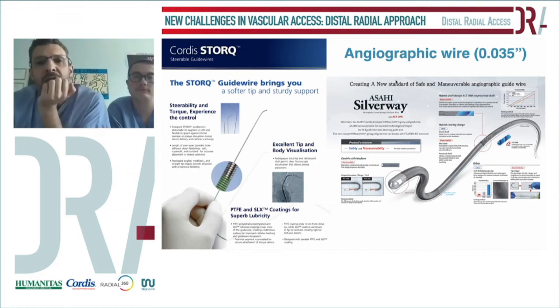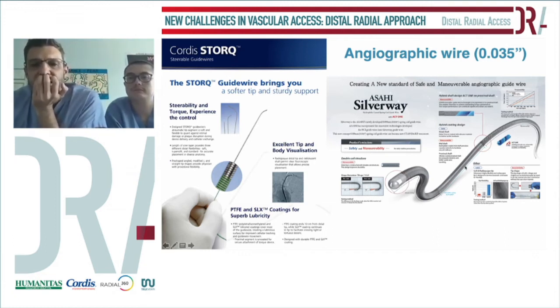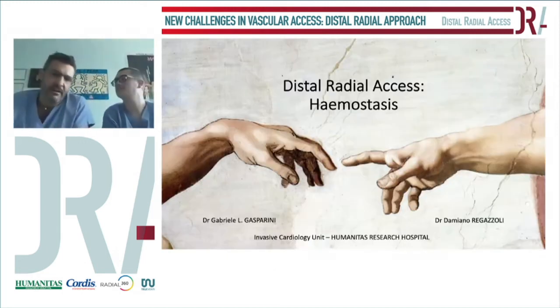And now the new wire, the Silverway, is available, and its performance is very similar to the Stork one. So we suggest to use the steerable angiographic guide wire in case of difficulty in terms of advancement of the angiographic guide wire.